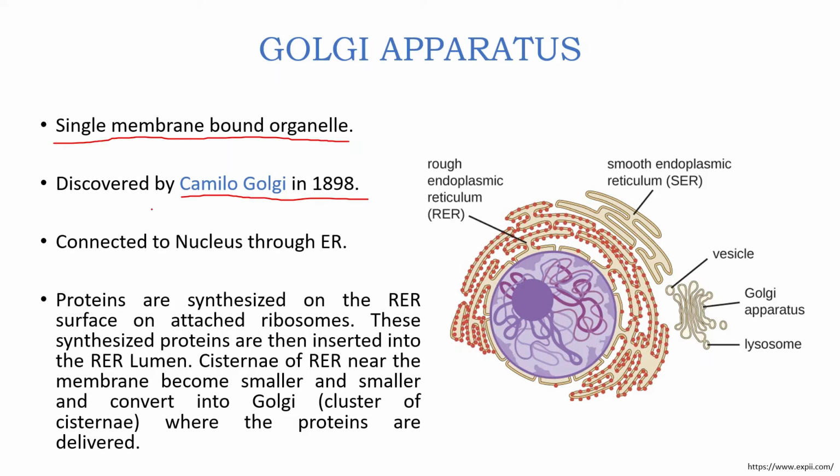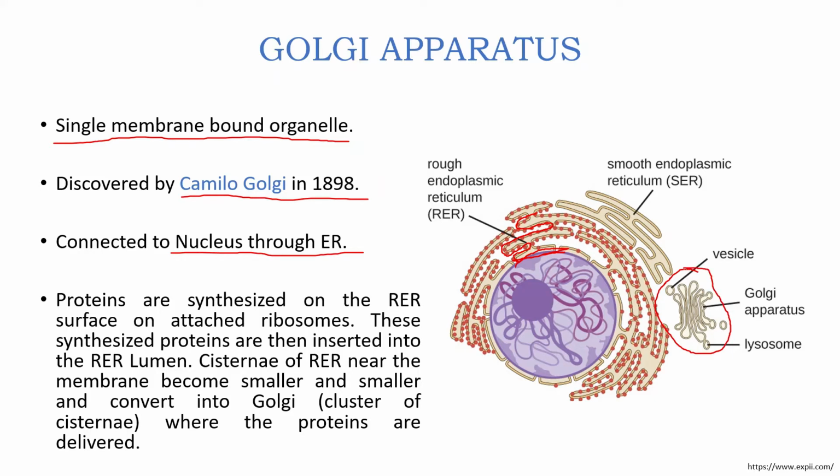It's connected to the nucleus through the ER. Now when I say it's connected to the nucleus, have a look at the figure. Here, can you see the nuclear envelope? This nuclear envelope extends to form the rough endoplasmic reticulum, which further extends to form the smooth endoplasmic reticulum, and in the proximity of the rough and the smooth endoplasmic reticulum, you have the Golgi bodies.